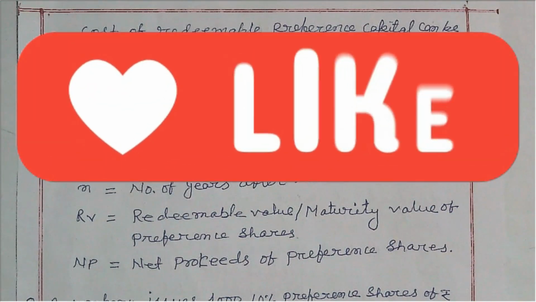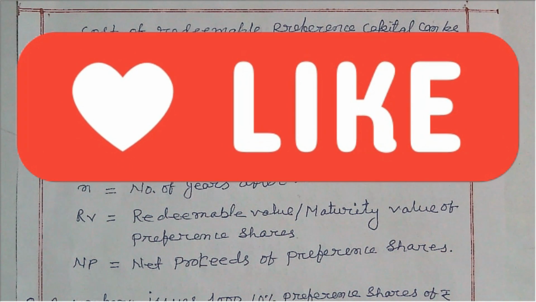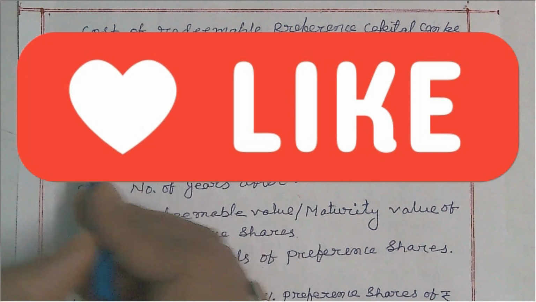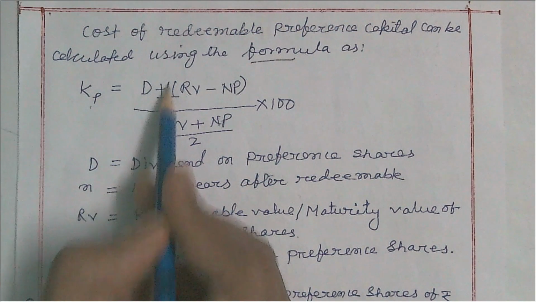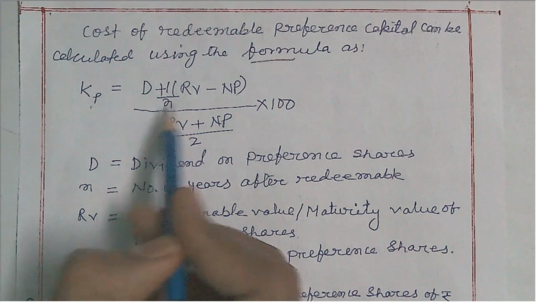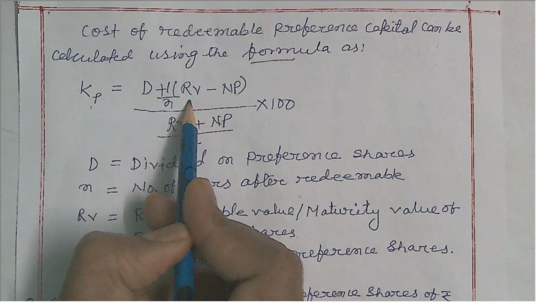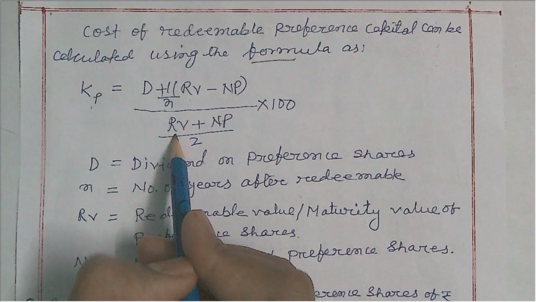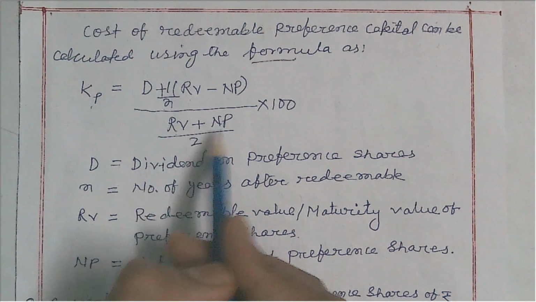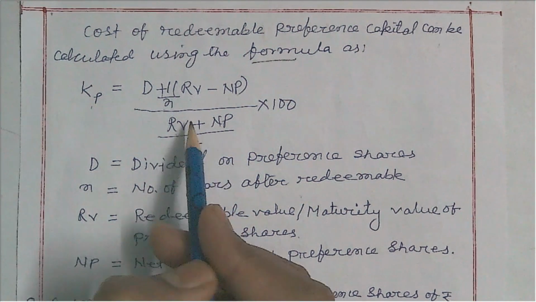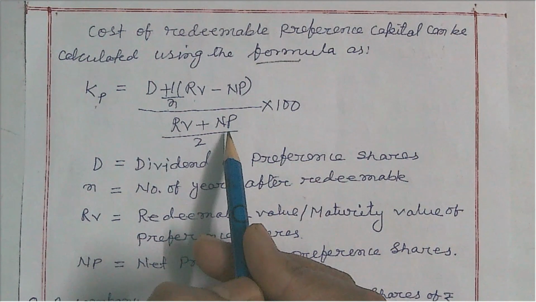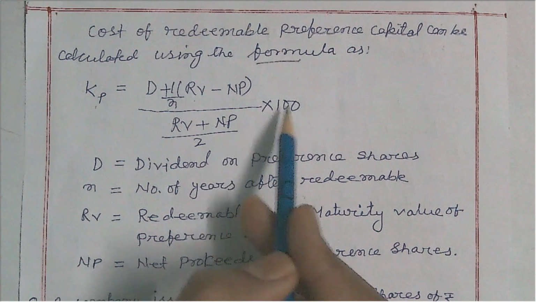The cost of redeemable preference capital can be calculated using this formula: Kp equals D plus (RV minus NP) by N, divided by the average of redeemable value plus NP by 2, multiplied by 100.